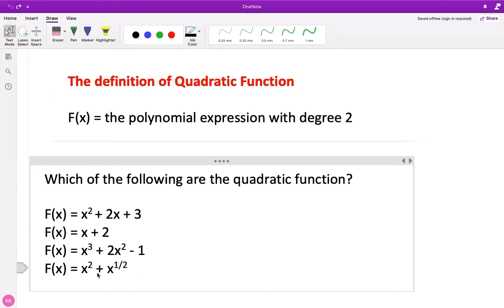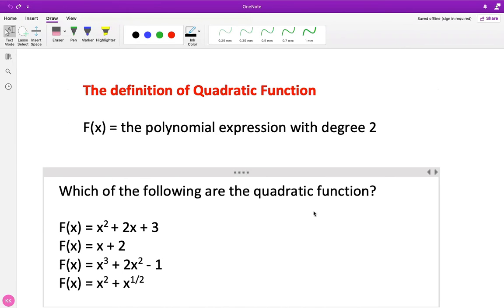Why? Because we have a square root here, x to the 1 over 2, a fractional exponent, so we cannot count this as a polynomial, and therefore not as a quadratic function. The only quadratic function in this example is x squared plus 2x plus 3. The other three are not quadratic functions.